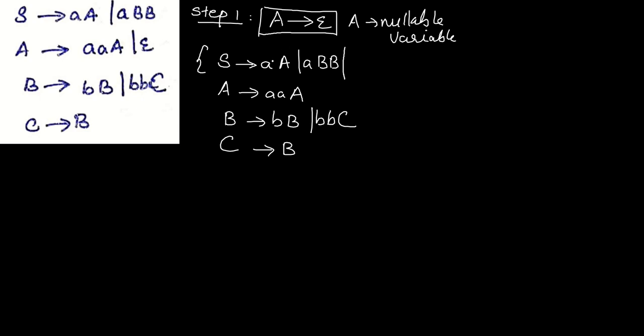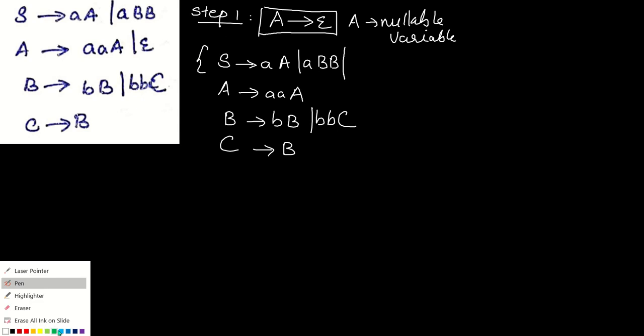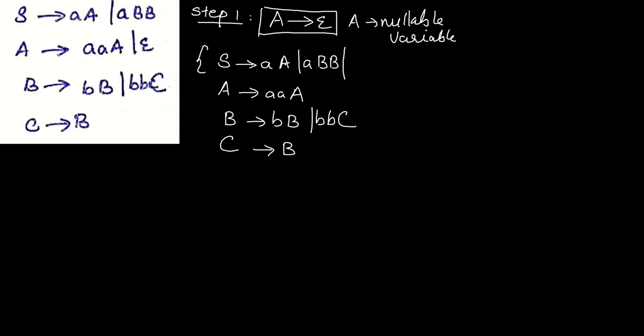So here we have a capital A. I will write in a different color. In place of this A, I am going to substitute epsilon.